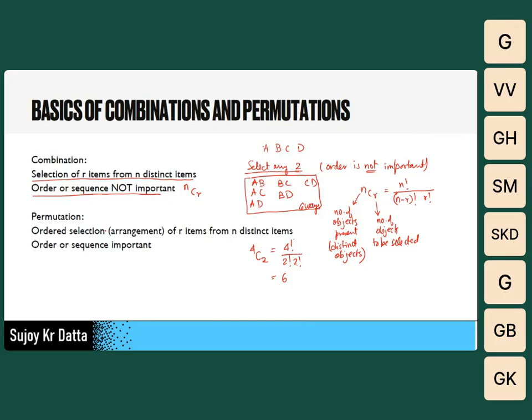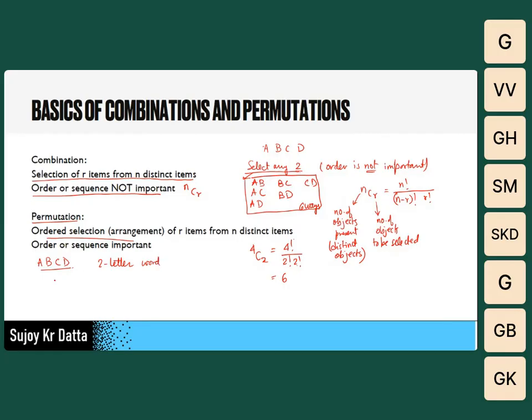Next is permutation. Now, permutation refers to the ordered selection, or after you select, you arrange the items in a sequence. So, for example, if I say that A, B, C, D represent the letters, and you have to make a 2-letter word, let's say simple 2-letter word with or without meaning.